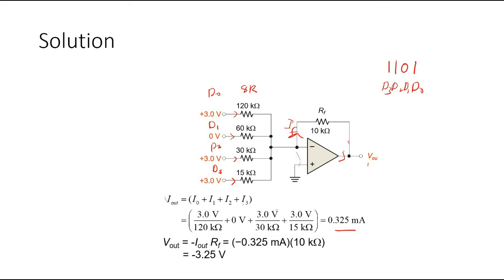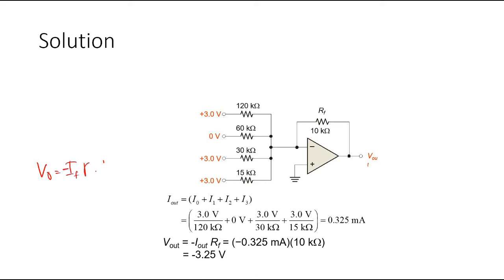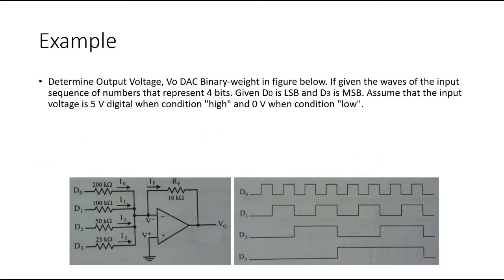And then to calculate V out, we know V out equals minus IF RF. So IF equals I out. Okay, so 0.325 milliamps multiplied by 10k, so we will get minus 3.25 volts.